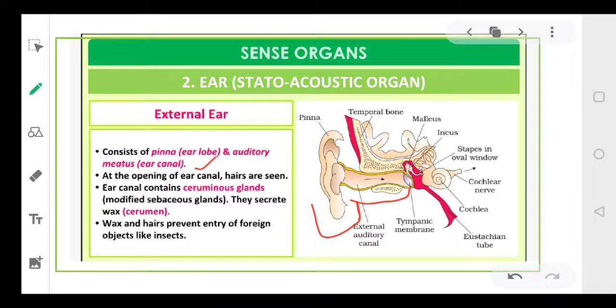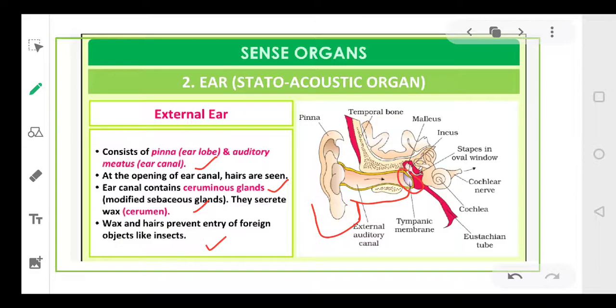Now at the opening of the ear canal, some hairs are seen at this portion where your auditory canal gets connected with the tympanic membrane. Okay. And at this particular portion there are certain hairs which are seen, and the ear canal also contains certain sebaceous glands or ceruminous glands. These ceruminous glands secrete a wax that is also referred to as cerumen. These hairs and wax prevent the entry of foreign objects like insects.